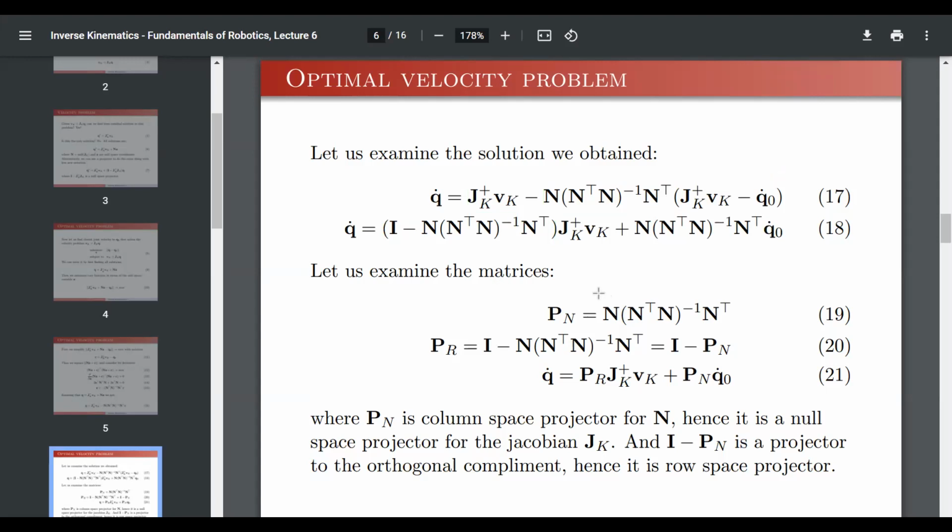First, as I said, this was a column space projector, right? But it was a column space projector to n, right? Again, let me remind you, how did I know it was a column space projector? Well, this is a pseudo-inverse. This is n as a matrix, right? So n and its pseudo-inverse together give us the column space projector onto n.